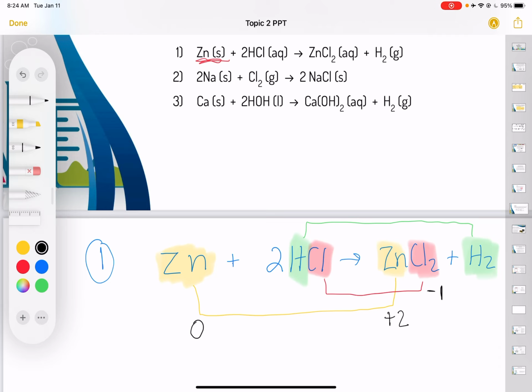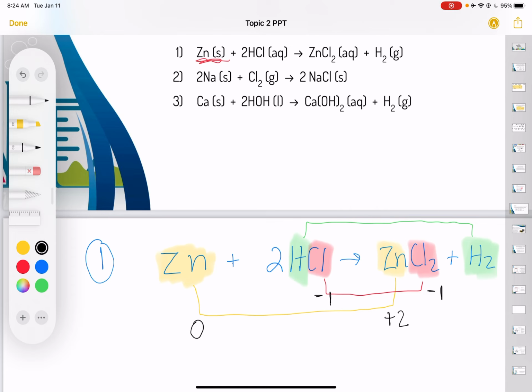As long as you know that it's a positive charge, then it's going to work out, okay? So we know that chloride is a negative charge on the right-hand side when it's connected to zinc. And when it's connected to hydrogen, we also know that if it's connected to something else, it must be in the ion form. So we've figured out which one our spectator is.